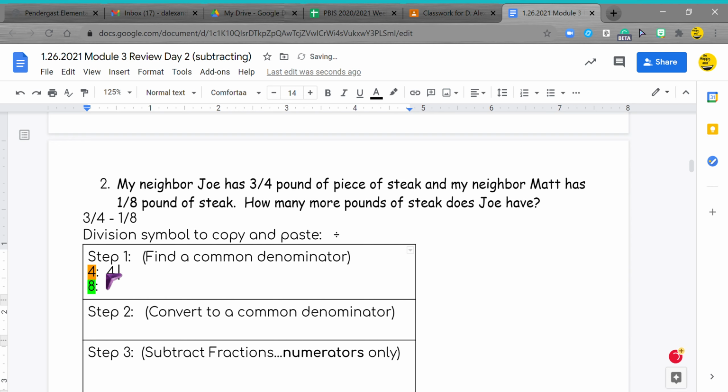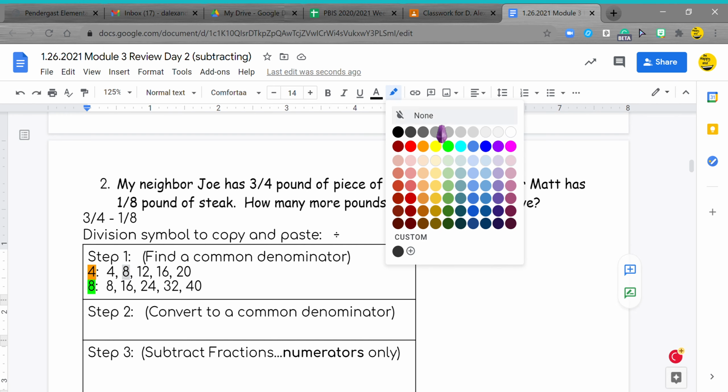So I know some of you guys are going, Miss Alexander, it's right there, you can see it. I know I can see it, but we need to make sure we write it out so we remember. So I'm going to do my multiples of 8: 8, 16, 24, 32, and 40. There you go. And yes, our least common multiple is 8.